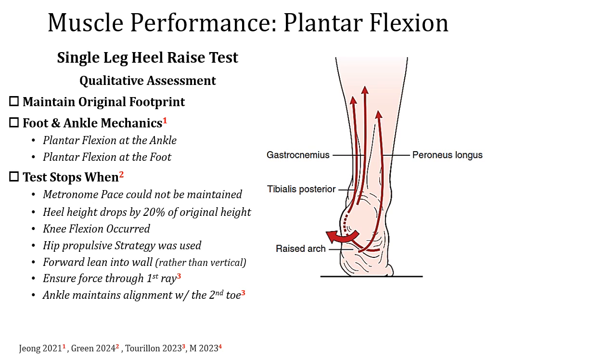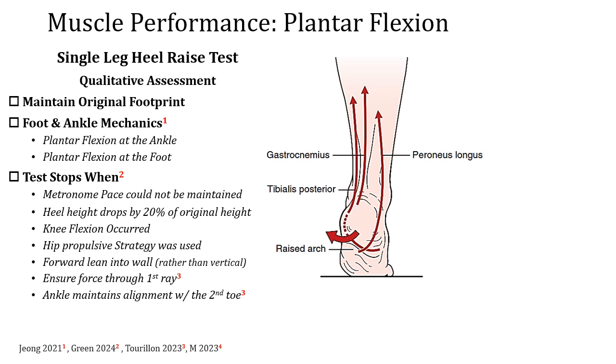You need to ensure that the majority of the force goes through the first and second metatarsal head, rather than what you can see there, which is more of a sickling effect of the foot, as it's known, where you go into an inversion moment. Even though that is natural when you get to your end range plantar flexion, you want to ensure that you're testing what you think you're testing, which is typically the gastroc and soleus complex, with a bias to the gastroc given the straight knee.